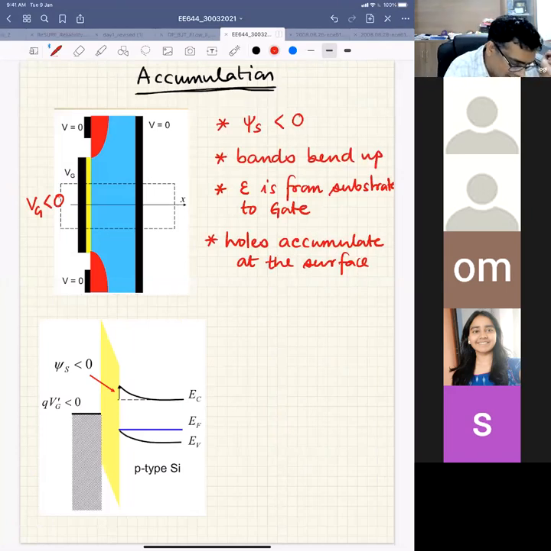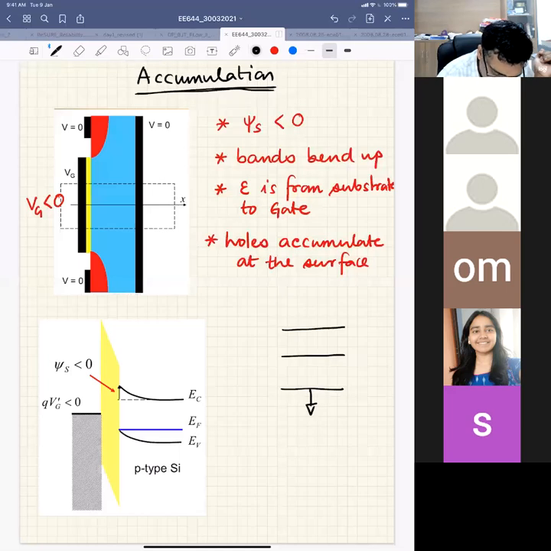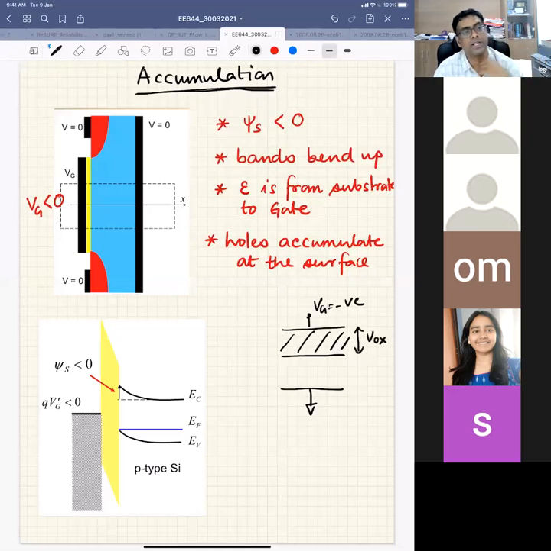So here you have the gate, oxide and silicon. Here your Vg is negative. There will be a voltage drop in the oxide, that is Vox, because the moment the gate voltage is negative, there will be an electric field.